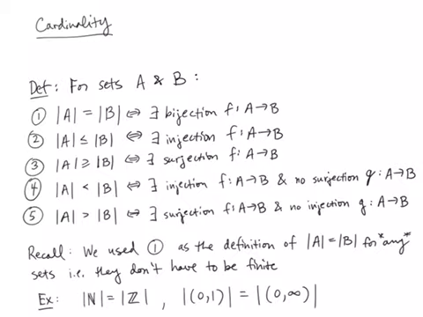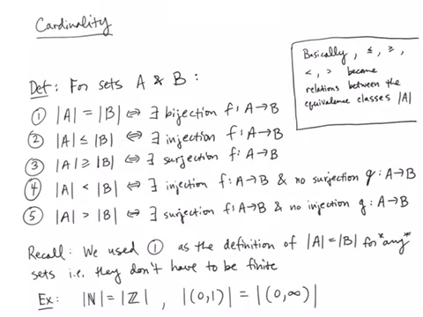If there exists a surjection, then the cardinality of A is greater than or equal to the cardinality of B. If there is an injection from A to B but no surjection, then we say the cardinality of A is less than the cardinality of B. And if there's a surjection but no injection from A to B, then the cardinality of A is greater than the cardinality of B. Okay, so just like with the bijective and equality of cardinality definitions, we define these other notions of less than or equal to, less than, greater than or equal to, greater than, by using the injection and surjection on the right-hand side as definitions of those concepts.